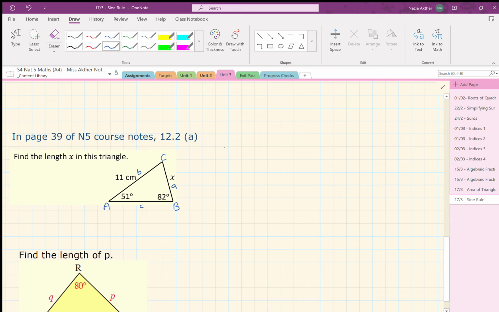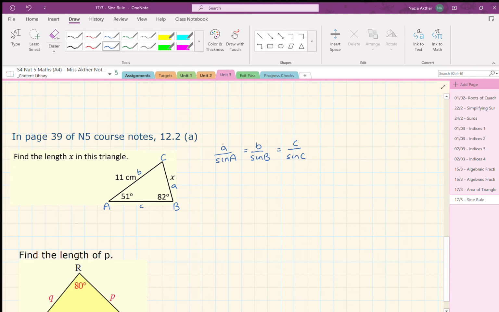Okay, so now we take our formula: a over sine A equals b over sine B equals c over sine C. We now go on to the second step of our success criteria, which is to know which parts of the formula to use. To do that, we check which parts of the formula we know.